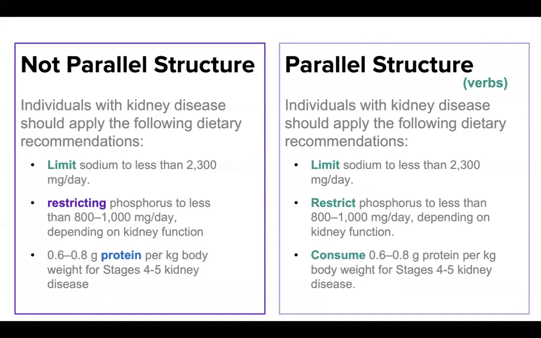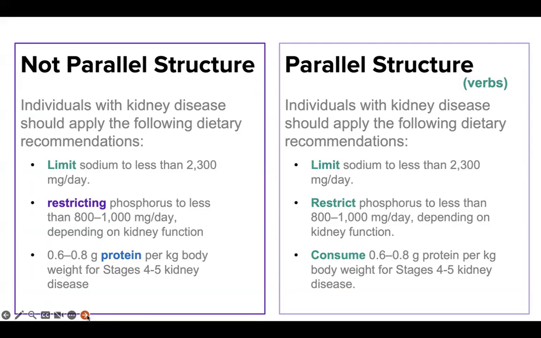So here's what it would look like if you wanted to do verbs or command sentences in this case. Individuals with disease should apply the following dietary recommendations. Limit sodium to less than 2,300 milligrams per day. Restrict phosphorus to less than 800 to 1,000 milligrams per day, depending on kidney function.